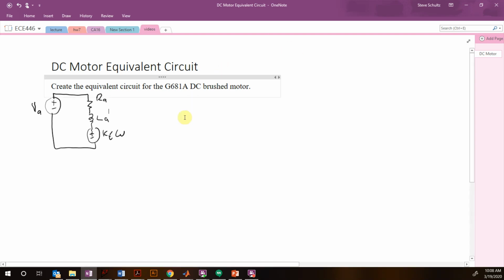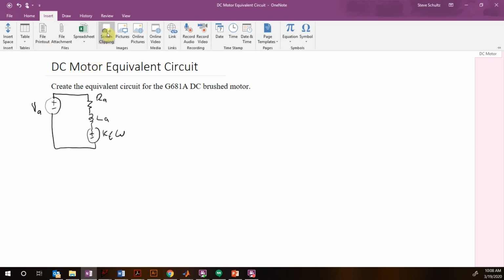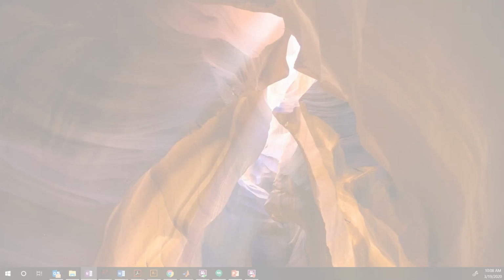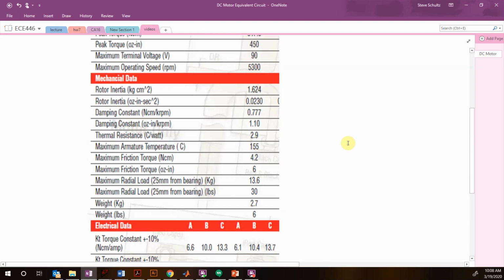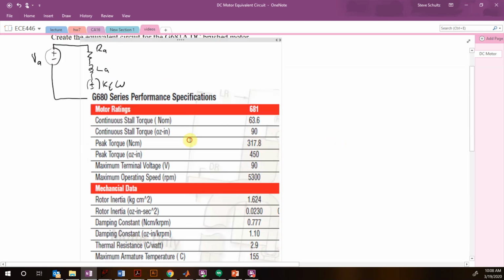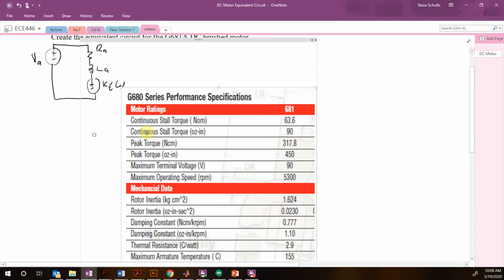So let's go and grab our 681 motor. Okay, so here is our spec sheet from the motor. And the things that we're looking for, let's move this over, is, first of all, let's look for our resistance.